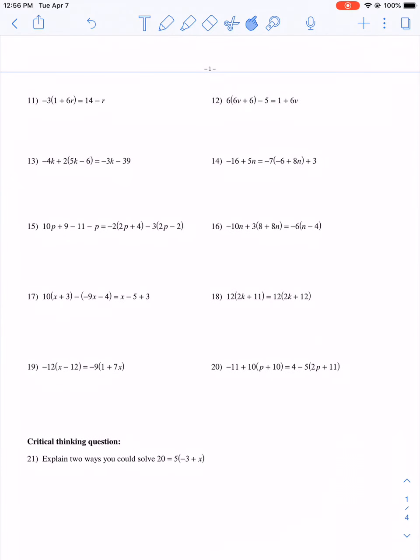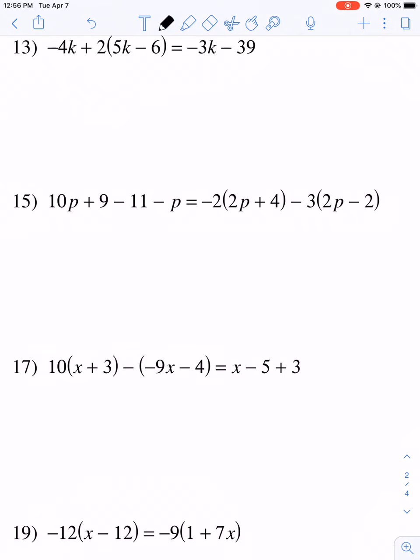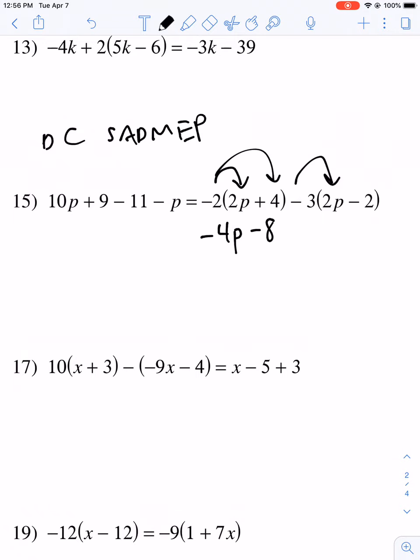Now, some of these can get pretty complicated. So, how about number 15? This one looks like a fun one. Remember, we just need DC SADMAP. So we're looking to distribute first. Here we go, and remember distributing is to both things. That's negative 4p, negative 8, negative 6p, positive 6. There is no distributing on this side, so I'm not going to change anything. Now we look to combine like terms.